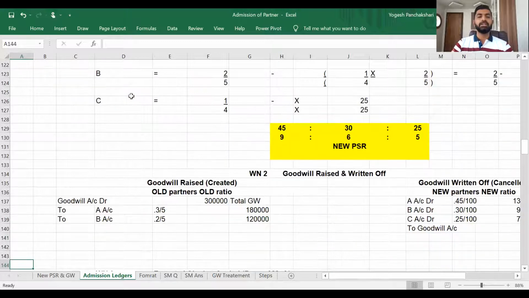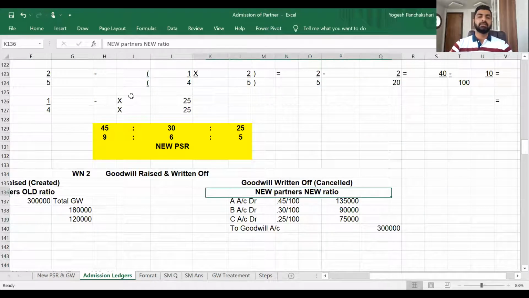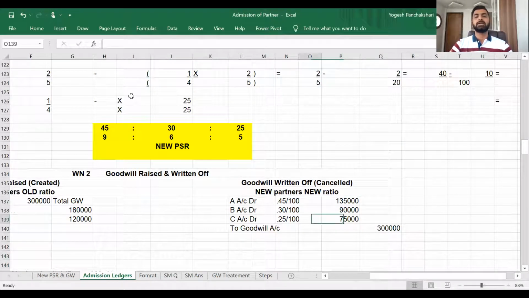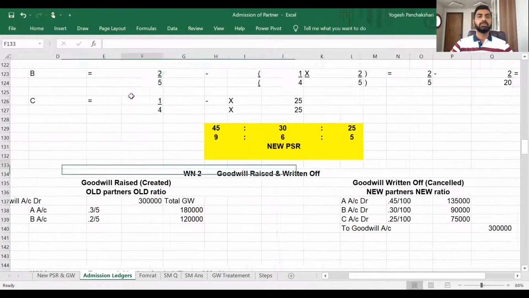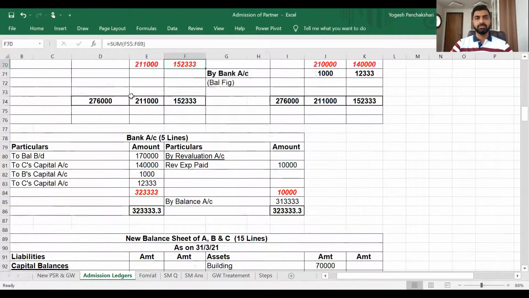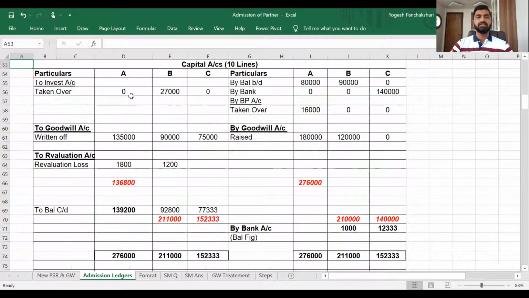Next step comes, find out goodwill. Goodwill amount is already given to be 3 lakh. Then raise and write off the goodwill. That means goodwill raised, old partners, old ratio, goodwill account debit to A and B. Goodwill written off, new partners in new ratio. ABC, that is partners of new firm in the new ratio. So goodwill cancelled. So we'll give the credit effect to capital accounts by goodwill account raised and written off.